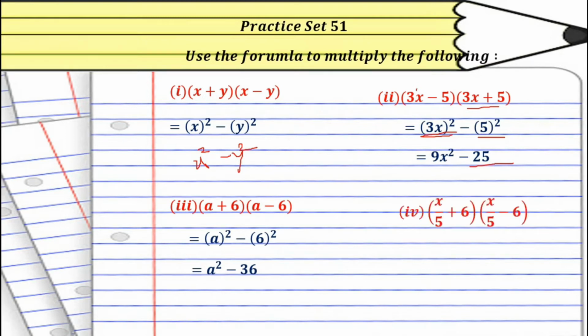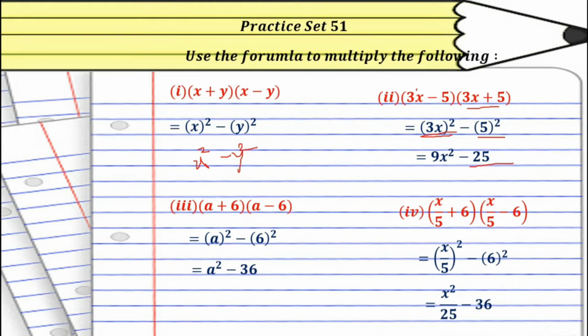Okay, and the fourth question, (x upon 5 plus 6), and the second bracket (x upon 5 minus 6). So you will see here that (x upon 5) raised to 2 minus 6 raised to 2. So that will be x square upon 25 minus 36. Okay, like this.